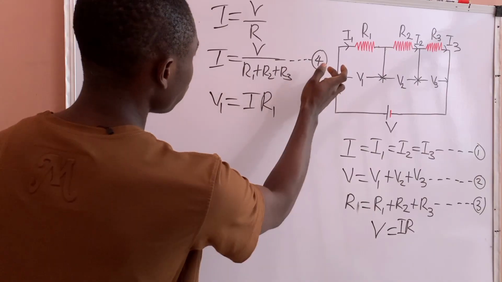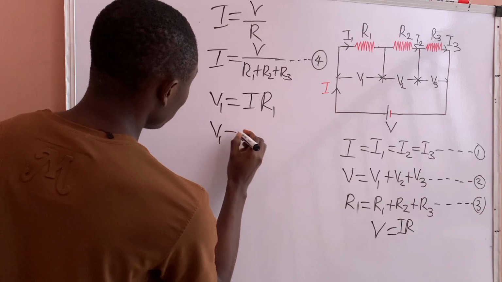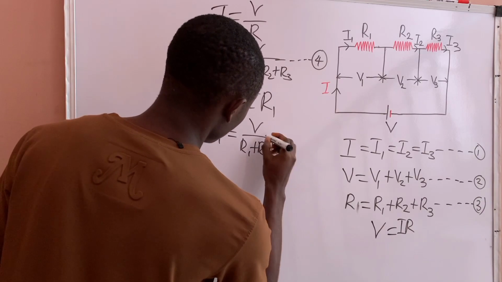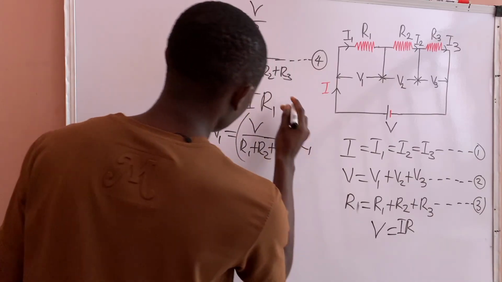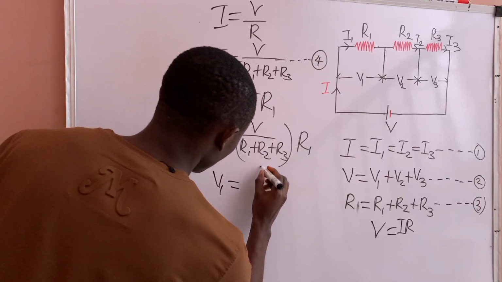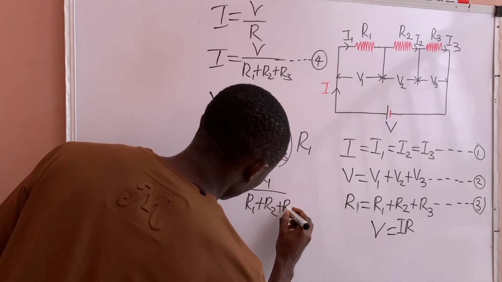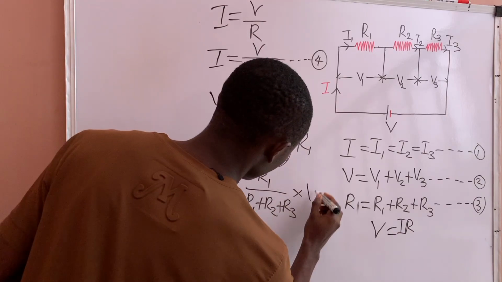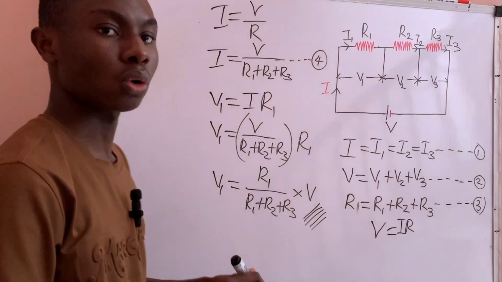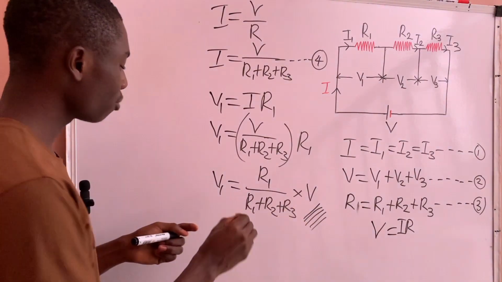From equation 4, I is V over R1 plus R2 plus R3, so we substitute this value of I into the equation. V1 is equal to V over R1 plus R2 plus R3, multiplied by R1. This can be written as V1 equals R1 over R1 plus R2 plus R3, times V. This is the formula we will use to calculate the voltage drop across resistor R1, which means this is the voltage divider rule formula.